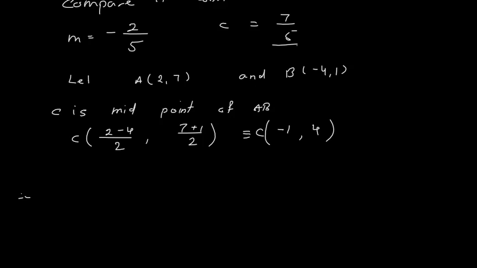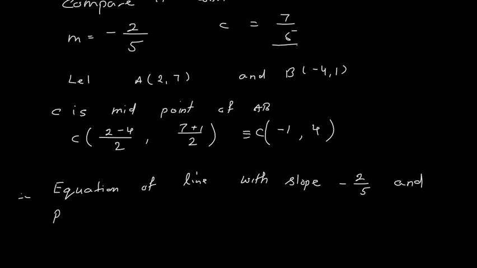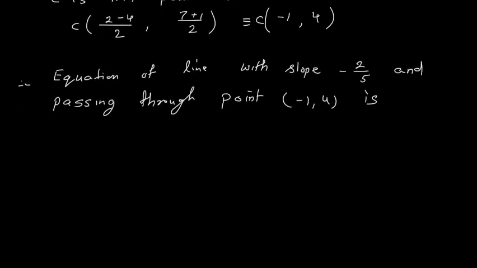So therefore, the equation of line with slope minus 2 upon 5 and passing through point minus 1, 4 is y minus 4 equals m into x minus of this minus 1, which will become plus 1.